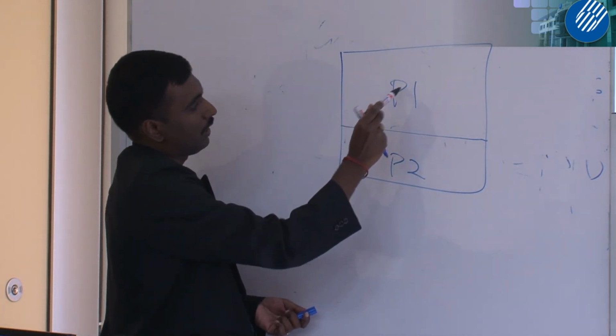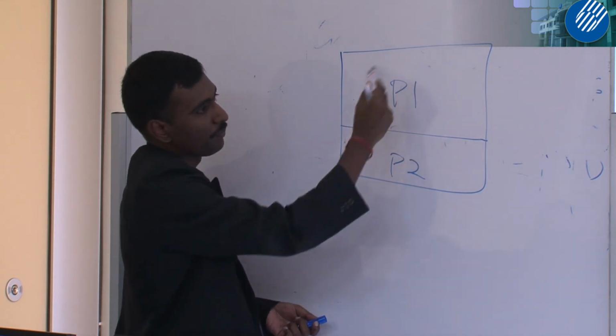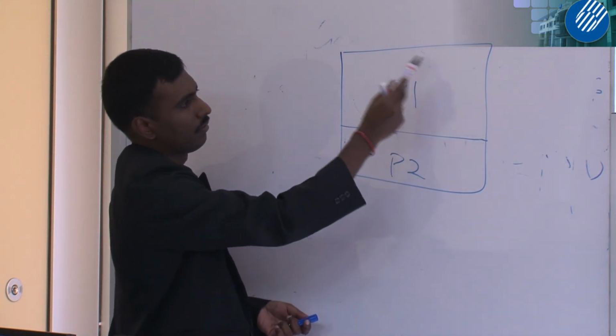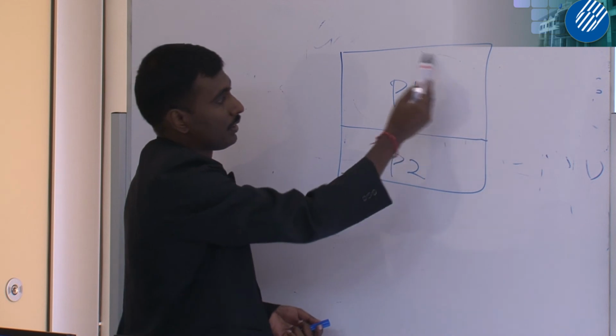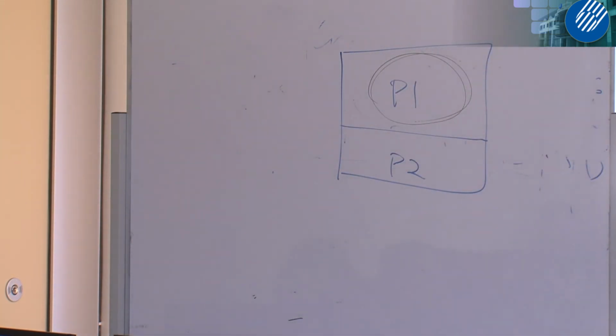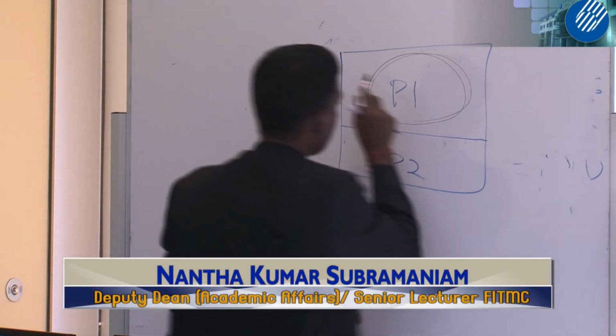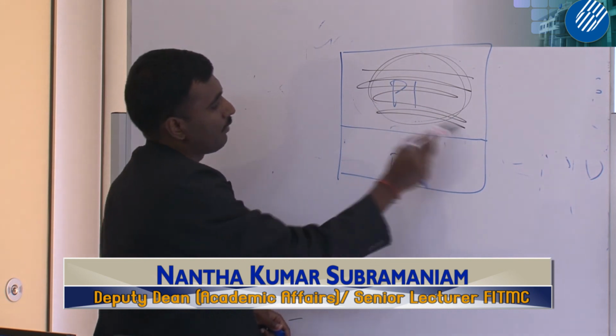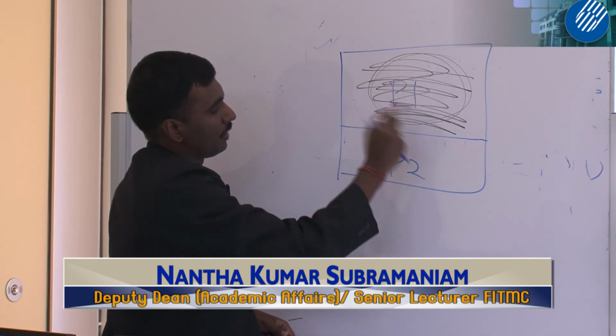For panel 1, how many components are there? 6, right? 1, 2, 3, 4, 5, 6. 6 components. But don't worry about the components. Treat this as a black box. For panel 2, how many you have? 1.